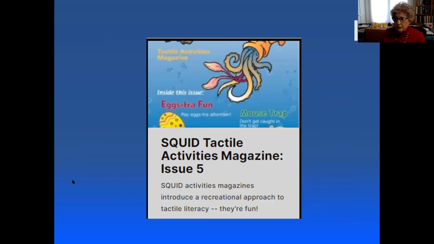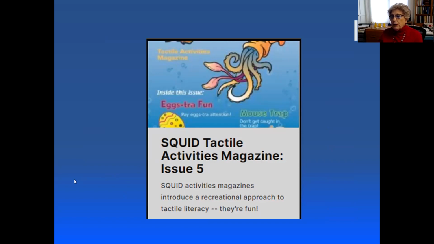Another really, really good resource are the Squid Tactile Activities magazines. I think APH has stopped producing them, as far as I know. There are 7 of them. It would be wonderful for them to keep going, but I know it's real time intensive for them to do these. Anyway, it introduces so many different tactile experiences.